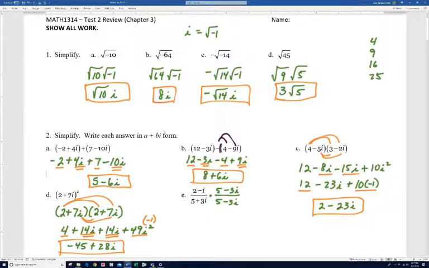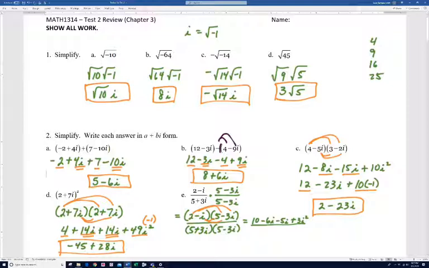And so we're going to FOIL. We're going to multiply the binomials in the numerator and the binomials in the denominator. So we get 10 minus 6i minus 5i. The last product there is going to be a +3i squared.